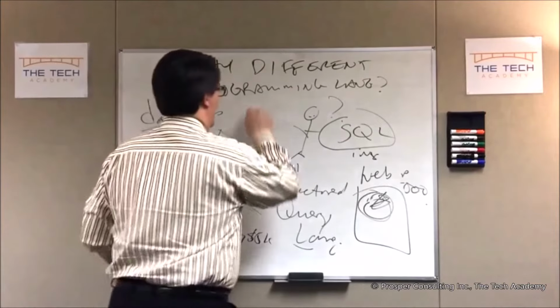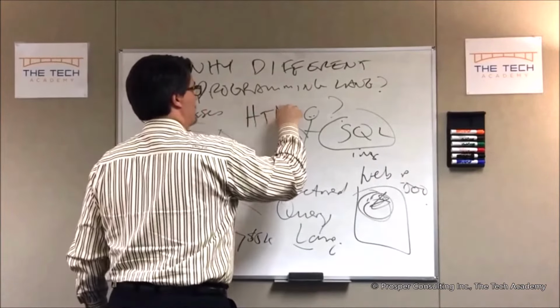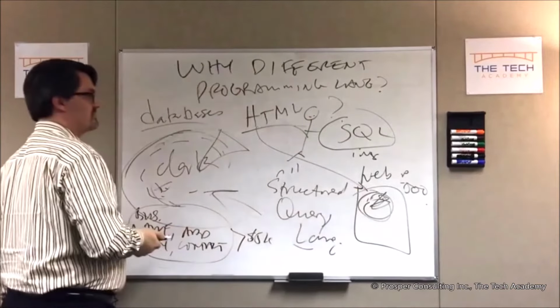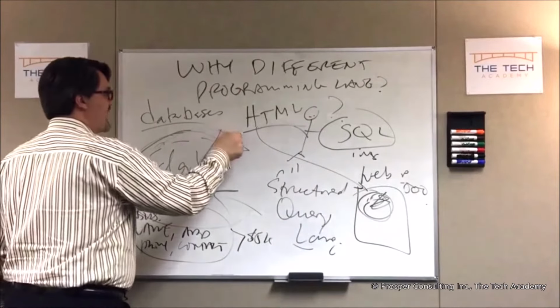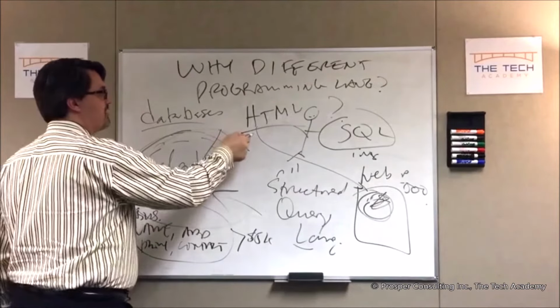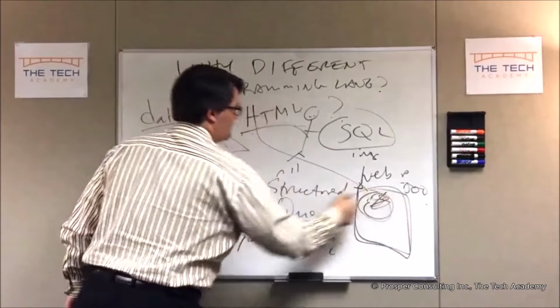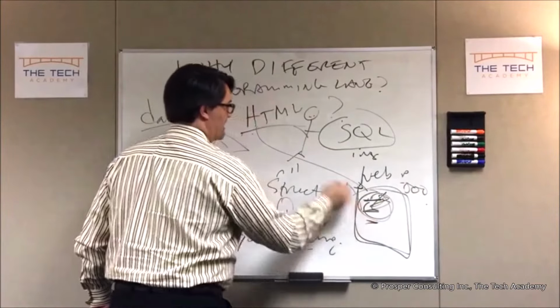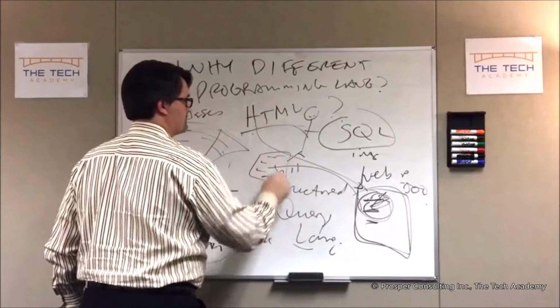HTML, on the other hand, hypertext markup language, is the language you use to make web pages. This language, which again reads almost like English, was created and optimized for the activity of creating hypertext documents that can link to other hypertext documents.